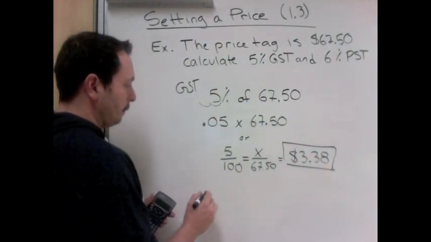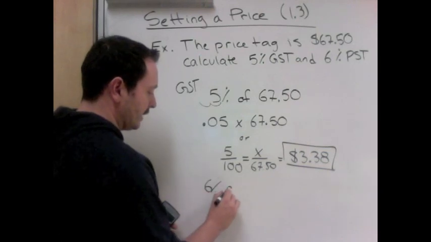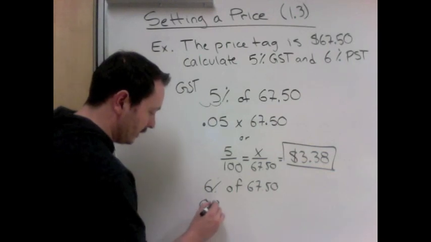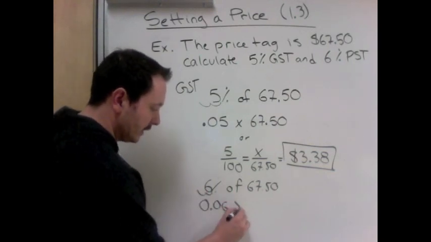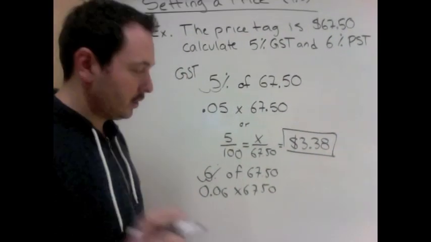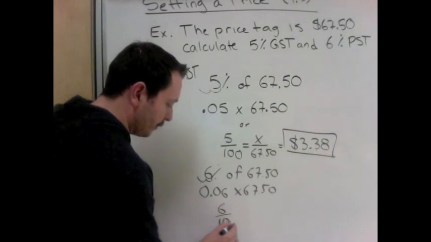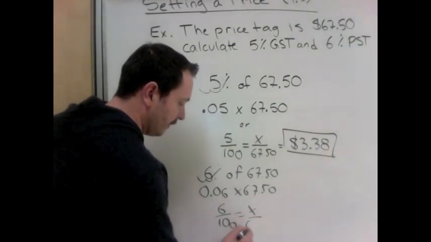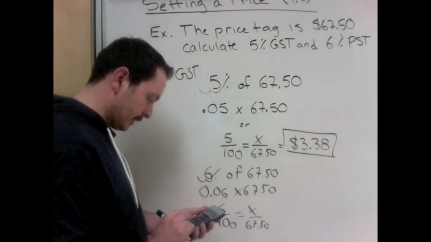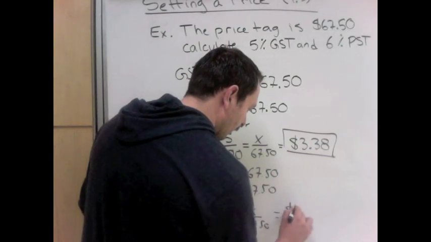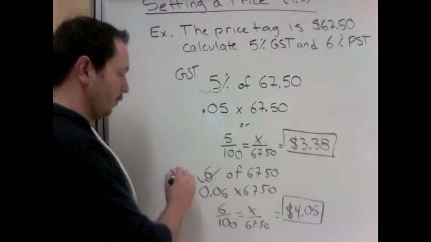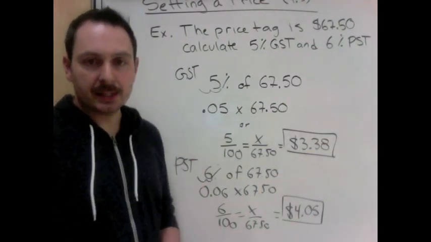Now let's find the amount of the PST. The PST was 6% of 67.50. So 0.06, because the decimal jumps twice, times 67.50. Or we could use it's 6 out of 100%, and this is how much of the total. And either way, we get $4.05 for the PST.